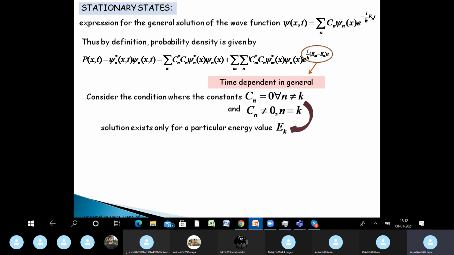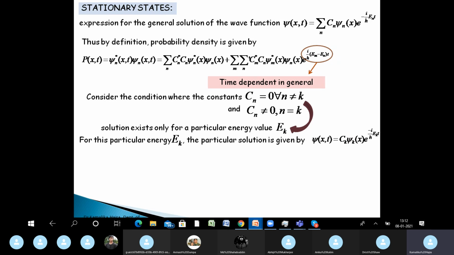Not all energy values are allowed. Only particular values of energy given by Ek are allowed. So Cn, the constant, is 0 for any n which is not equal to k and is non-zero for any n which is equal to k.